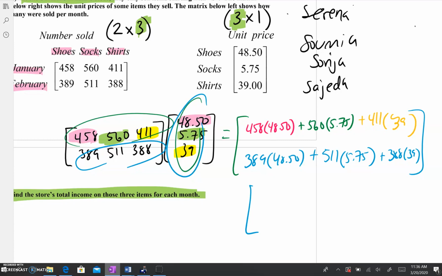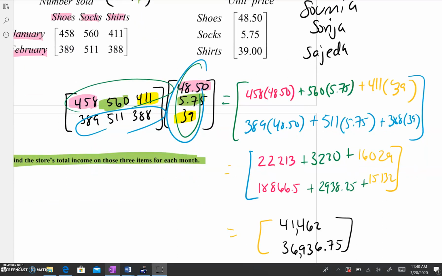Okay, and I'm going to crunch those numbers real quick. I'm going to pause it and unpause it. Okay, so I finished crunching out the numbers, and it looks like my total income in January and February were those numbers there. If I wanted to have my total, I could add those together.